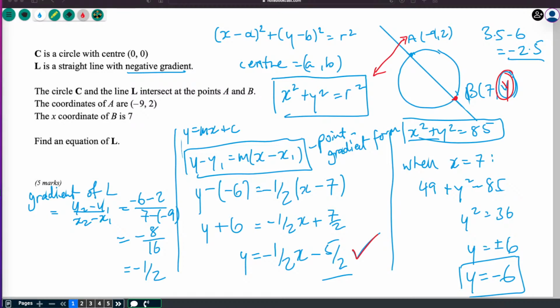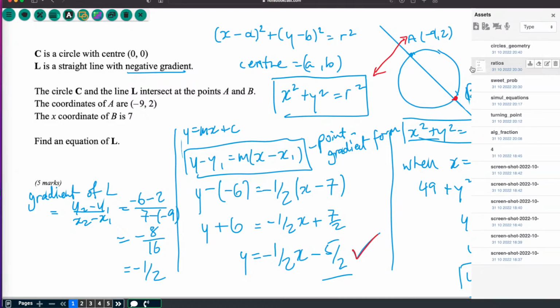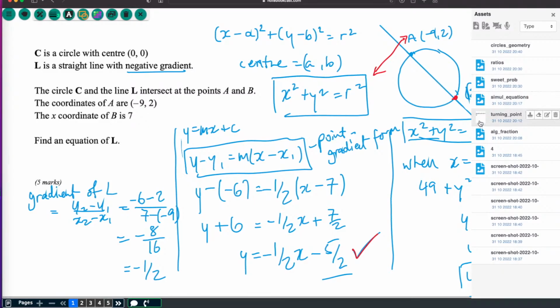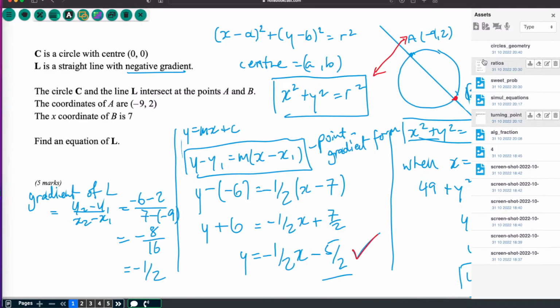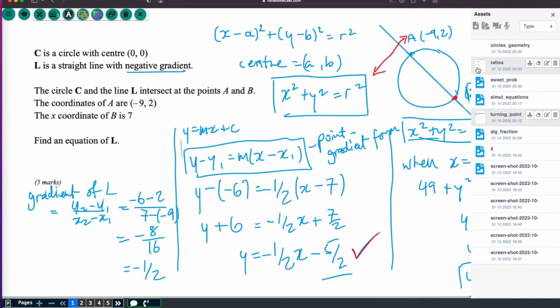Okay, I think I'll just do one more question, then I'll just open up for Q&A if anyone has any questions. Let's do... okay, algebraic fractions, turning point, simultaneous equations or ratios.